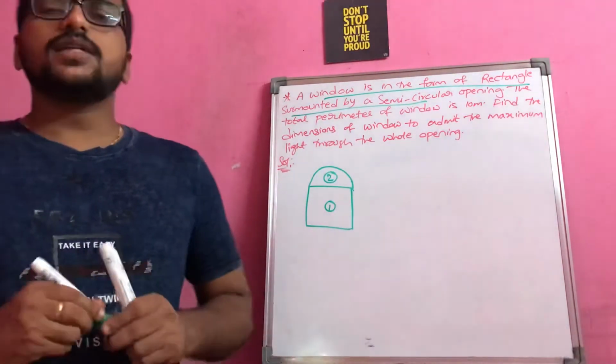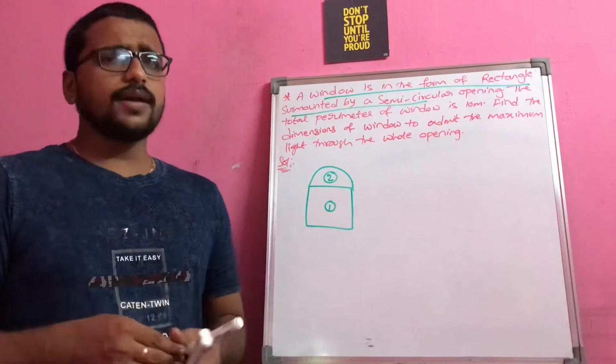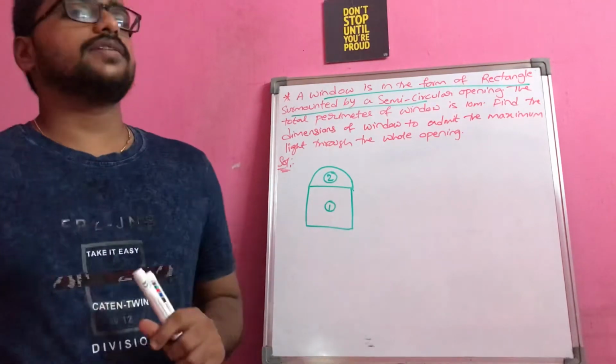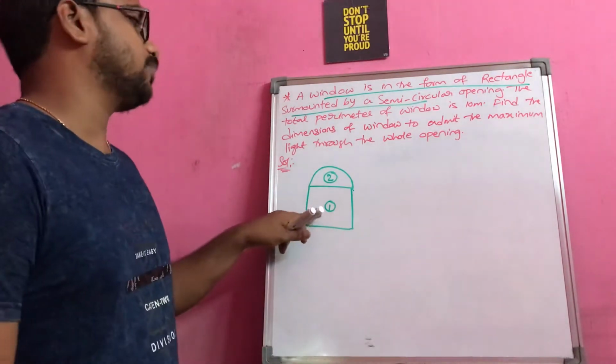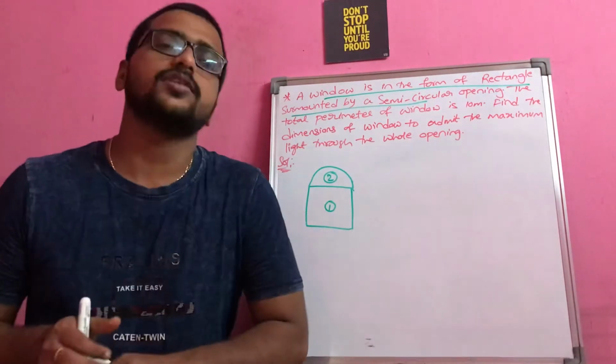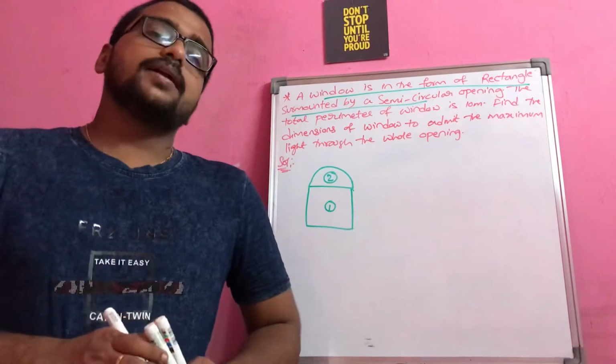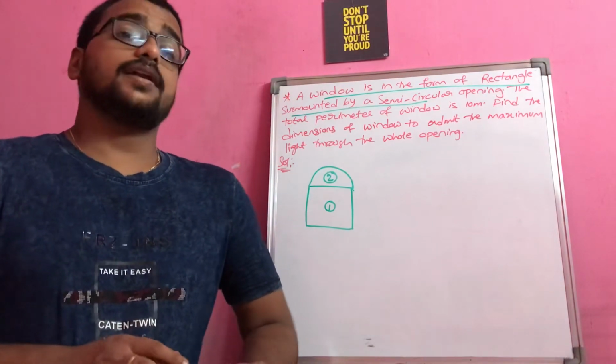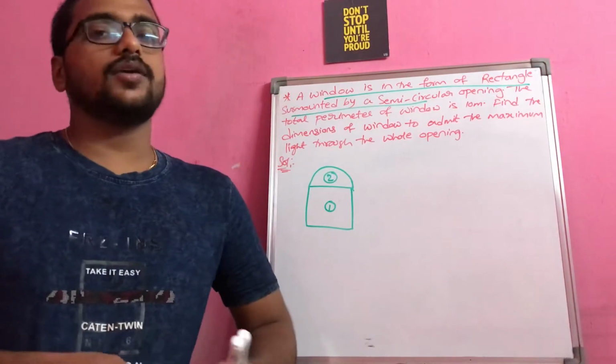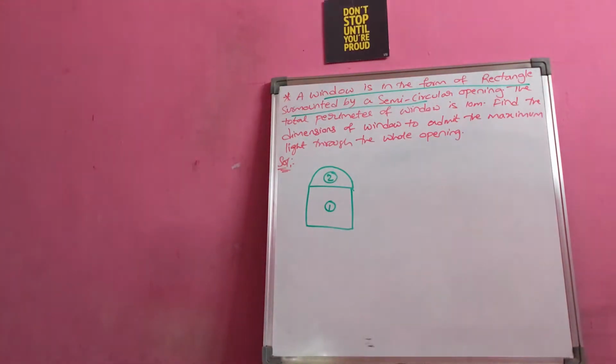What students usually think is that when it comes to the perimeter of the window, it is the addition of the perimeter of the rectangle plus the perimeter of the semicircle. But actually, for perimeter it won't happen in that way, but if it is a case of area, you can just take the area of the rectangle and the area of the semicircle on the top.